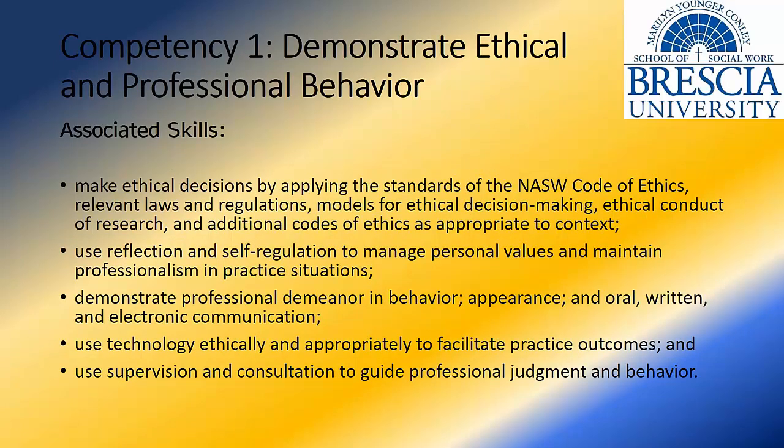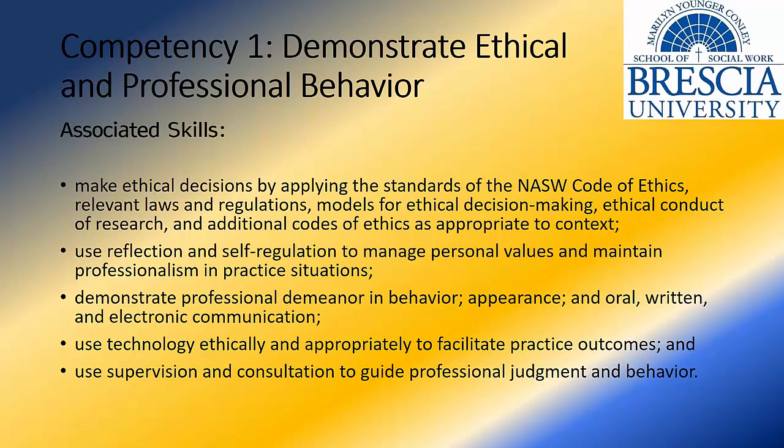Competency 1. Demonstrating ethical and professional behavior. The associated skills include making ethical decisions by applying the standards of the NASW Code of Ethics, relevant laws and regulations, models for ethical decision-making, ethical conduct of research, and additional codes of ethics as appropriate to context.